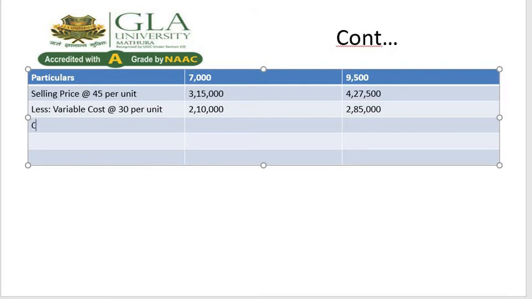Now we calculate our contribution: 3,15,000 minus 2,10,000, that is 1,05,000 rupees, and 4,27,500 minus 2,85,000, that is 1,42,500.